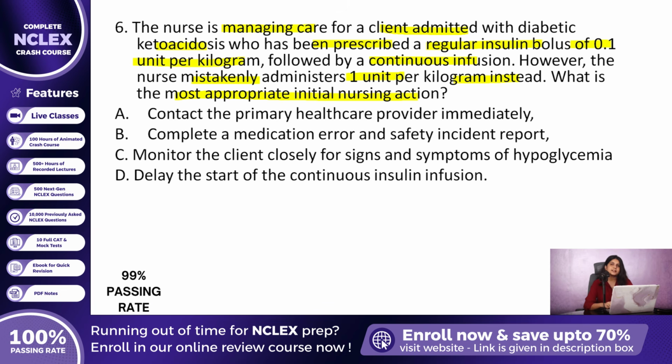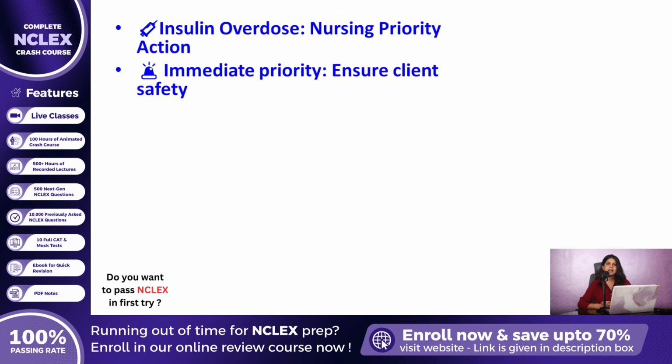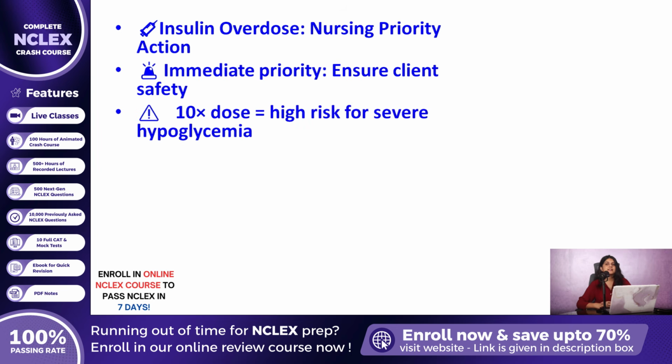The correct answer is option C, monitor the client closely for signs and symptoms of hypoglycemia. Here is the rationale. When a medication error involving insulin overdose occurs, the nurse's immediate priority is client safety. Administering 10 times the prescribed dose places the client at significant risk for hypoglycemia, which can present rapidly.